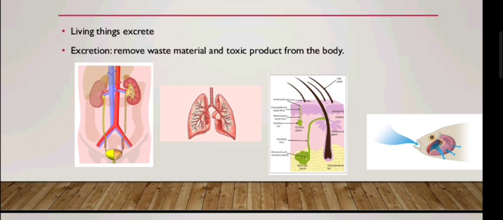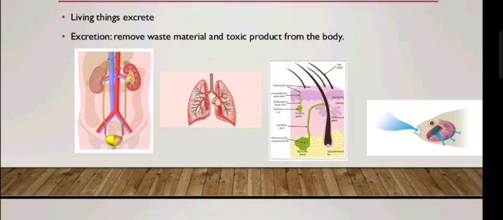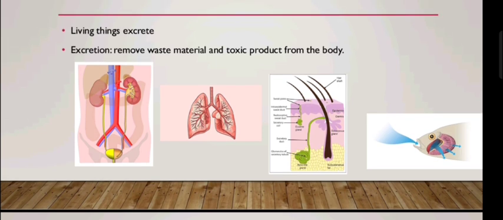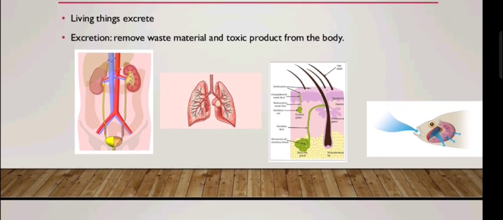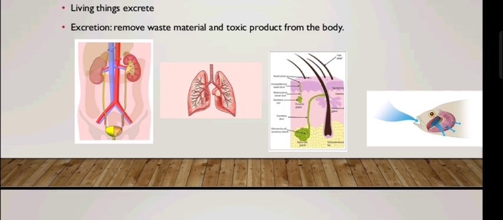So in animals, special organs like kidney, lungs, gills, sweat glands are helpful to remove the waste product from the body. Waste products like urine, sweat, exhaled air, solid waste like feces. So this is all about excretion in animals.